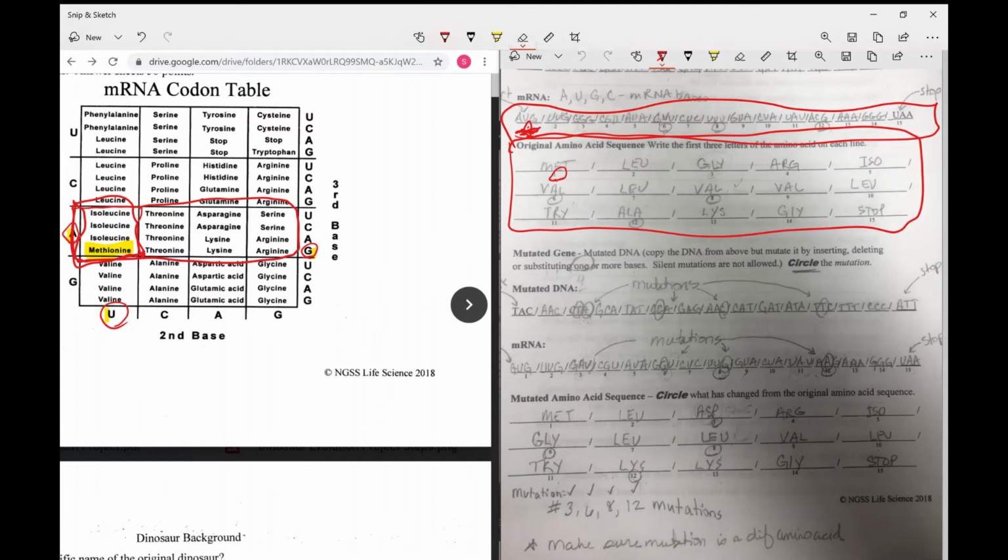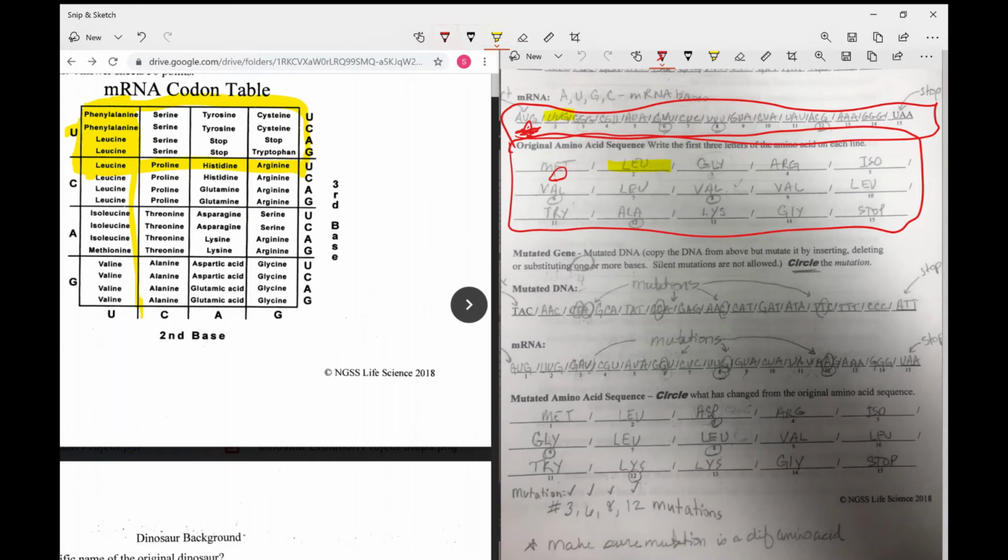Alright, so let's look at the next one. The next one is LEU. So we're looking right here, UUG. If I'm looking at U, I'm looking at the whole box. If I'm looking at U, I'm looking at just this box right here.